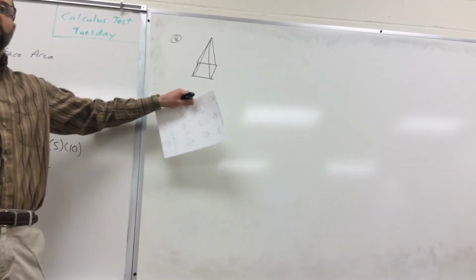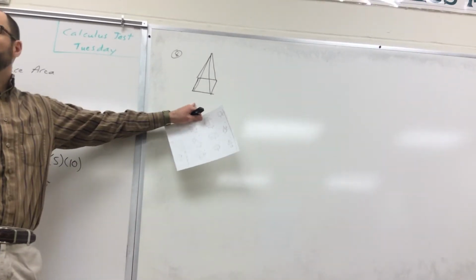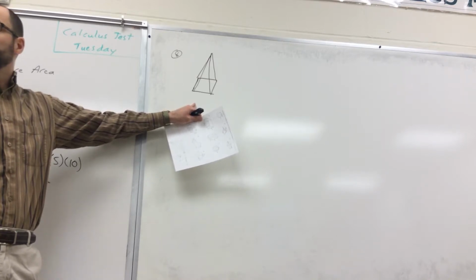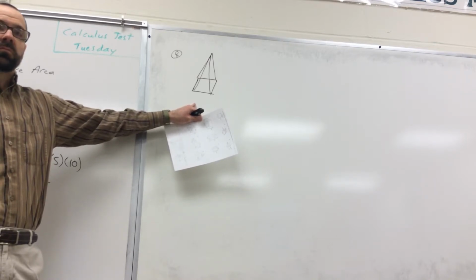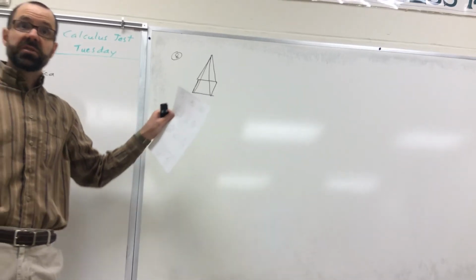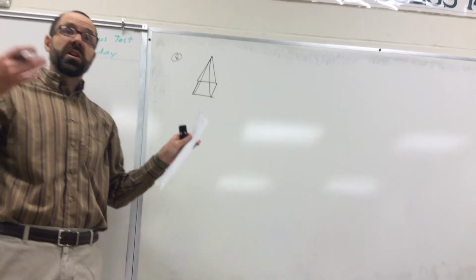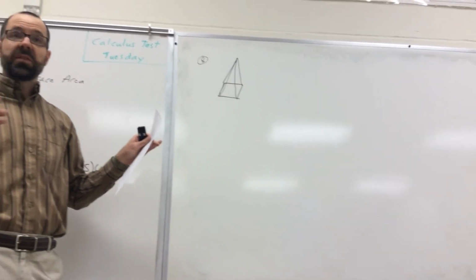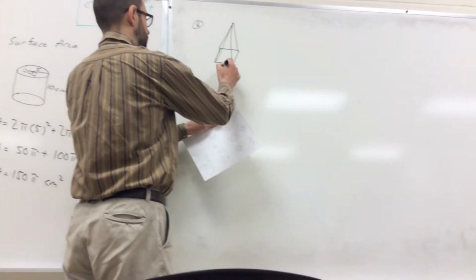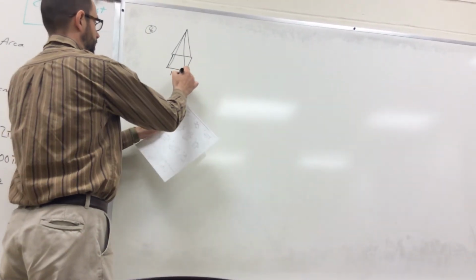So I kind of already gave it away, but what kind of shapes are on the outside of this figure? A square and 4 triangles, right? So when I'm finding the surface area, I need to find the area of the square and the area of the 4 triangles. So let me give you some measurements here. This is 10 millimeters.